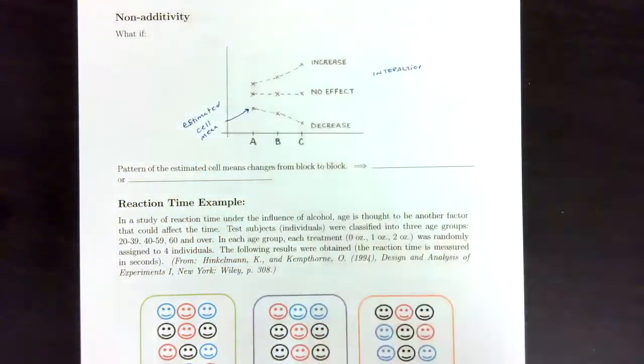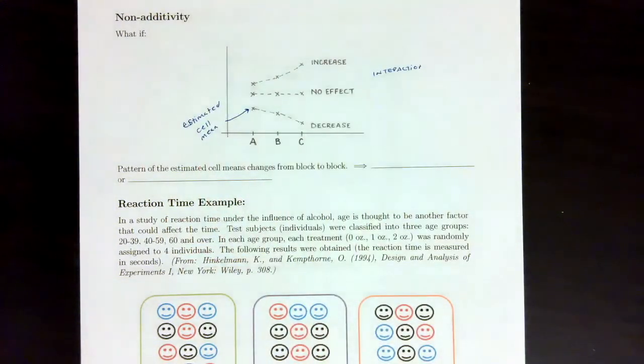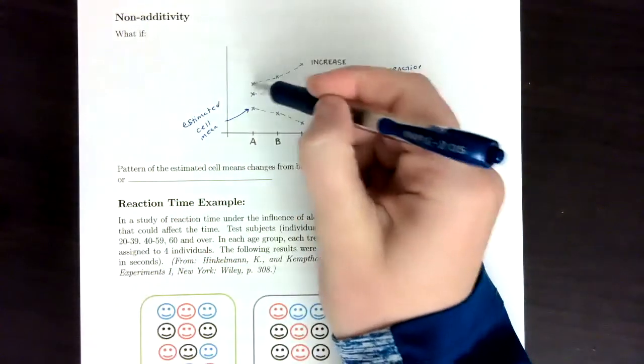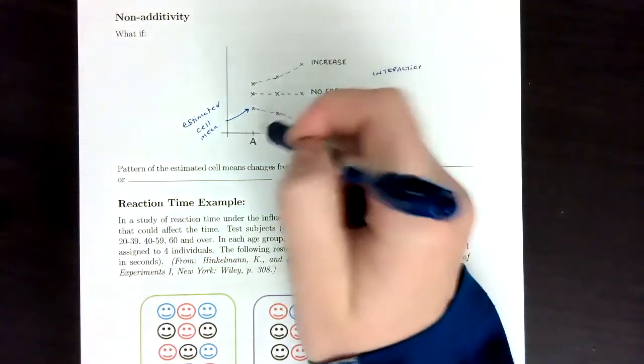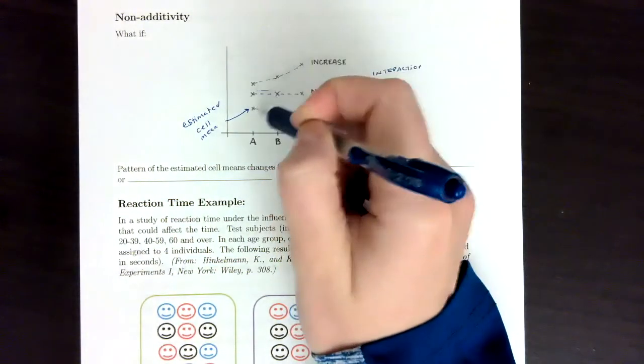And we'll talk about how to estimate those in a little bit. But if we look at treatment A and B, they're kind of similar going from block to block. These slopes are pretty similar.